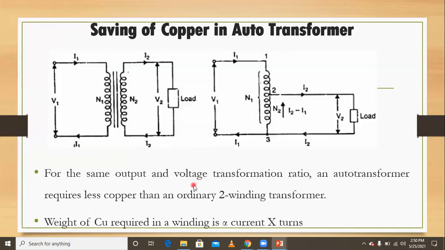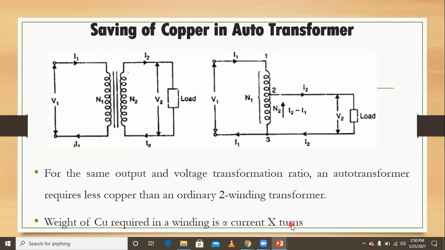Based on that concept, we can find how much copper is saved in an auto transformer. The weight of copper required in a winding is proportional to the current and turns.